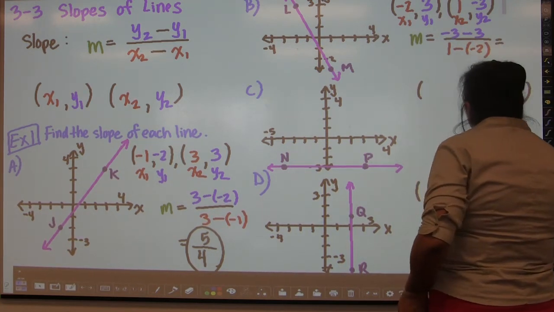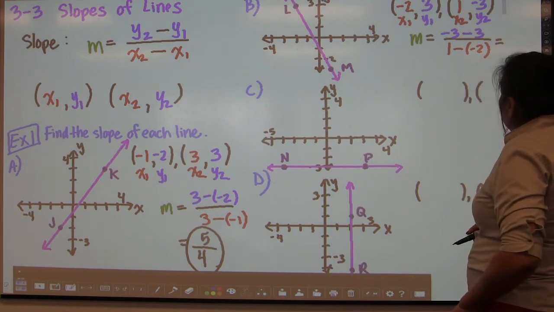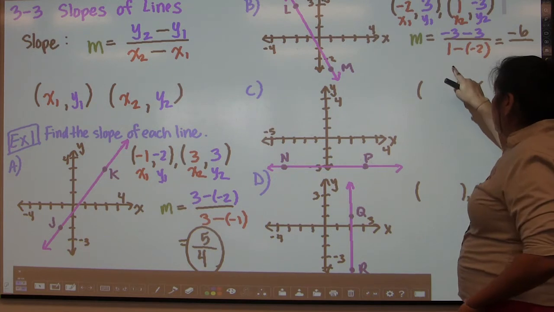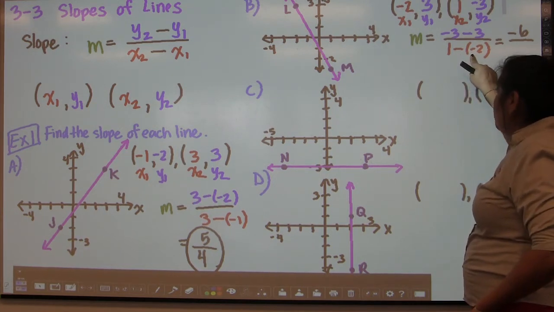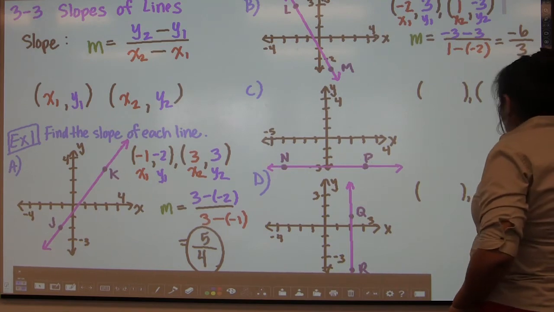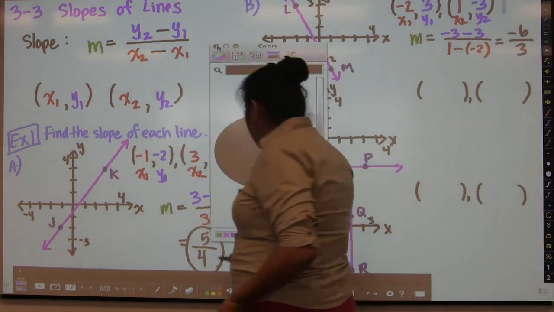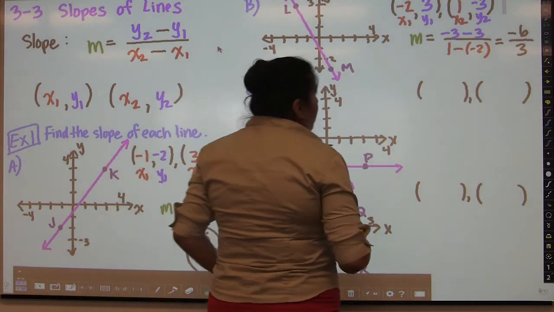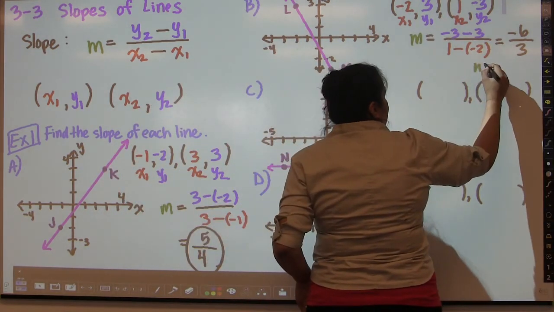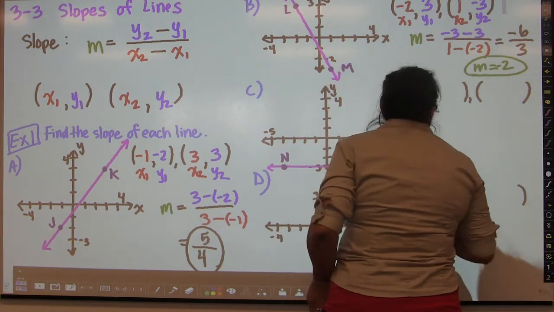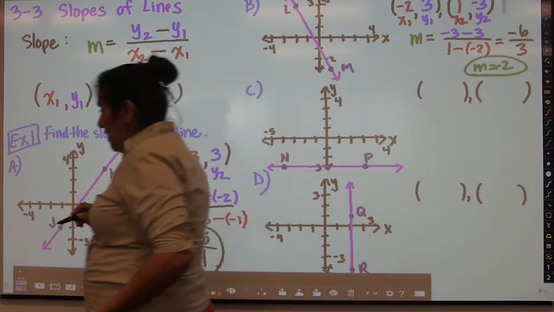And we're going to get -3 minus 3 is actually -6. And 1 minus negative is actually a plus, so this is 1 plus 2, which is 3. And of course, always reduce your fractions. And so we know that -6 divided by 3 is actually the same thing as -2. So your slope is -2 for part B.